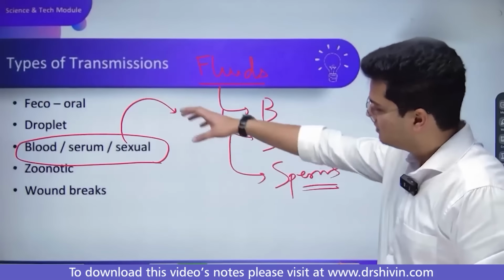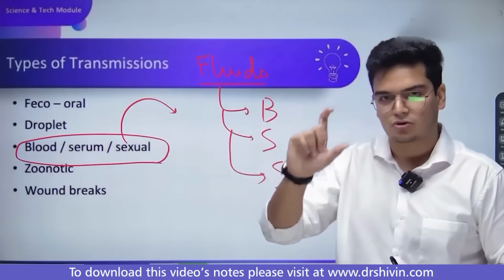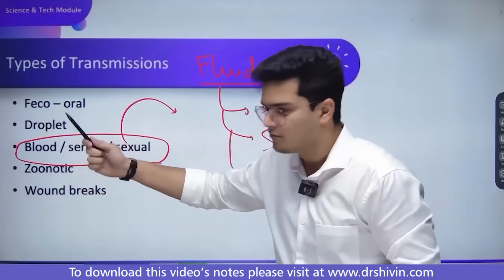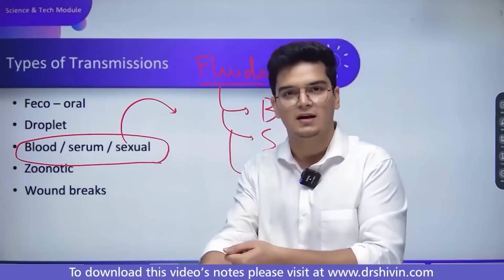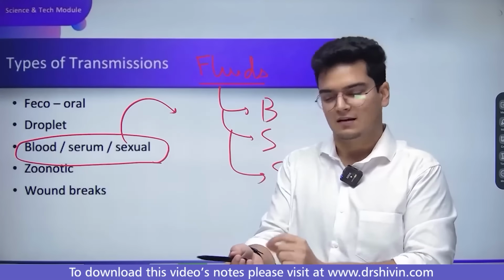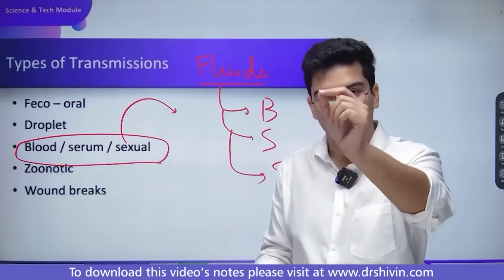So in this case, the pathogen stays in your body's fluids. So if blood goes from one person to another, suppose I use a needle and you use the same needle, and if my blood is infected, then from my blood the bacteria goes into your blood.